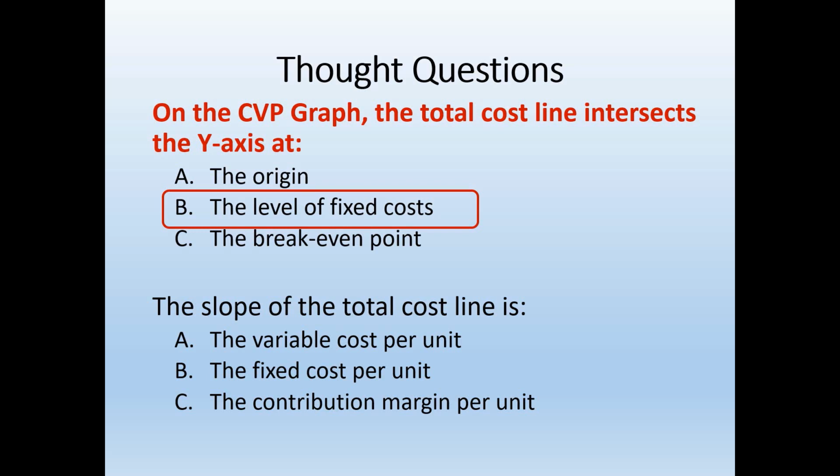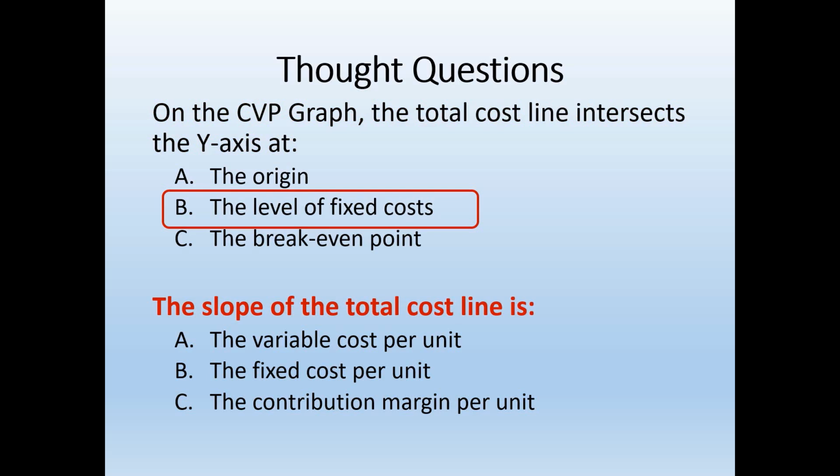In other words, the higher the fixed costs, the higher up that line starts. That means that the more fixed costs a firm has, the more it's going to cost them if they operate at very low levels.